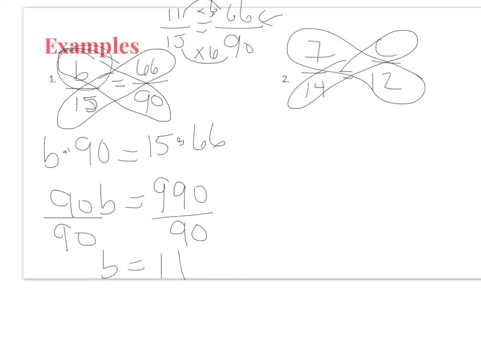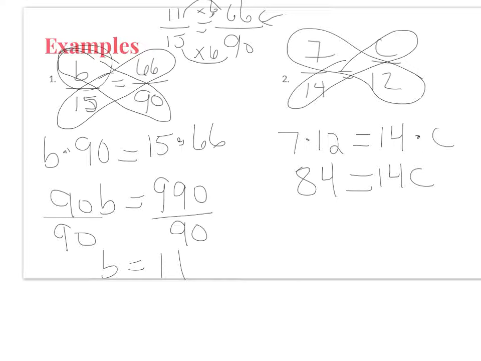So we use our cross products. You have 7 times 12 equals 14 times C. 14 times C is 14C, and 7 times 12 is 84.